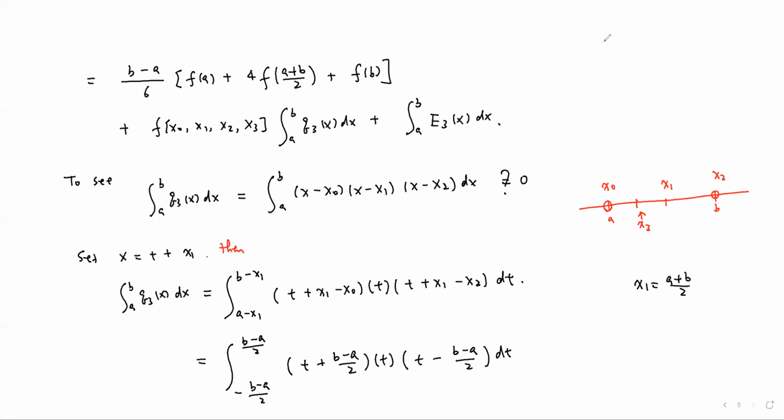Now t plus this number times t minus the same number is t squared minus ((b minus a) over 2) squared.